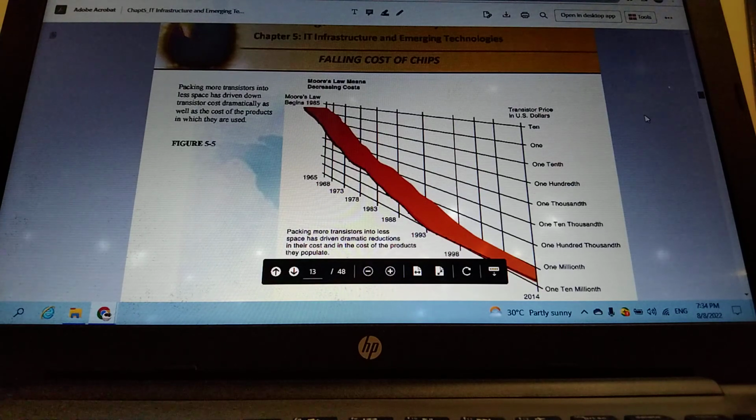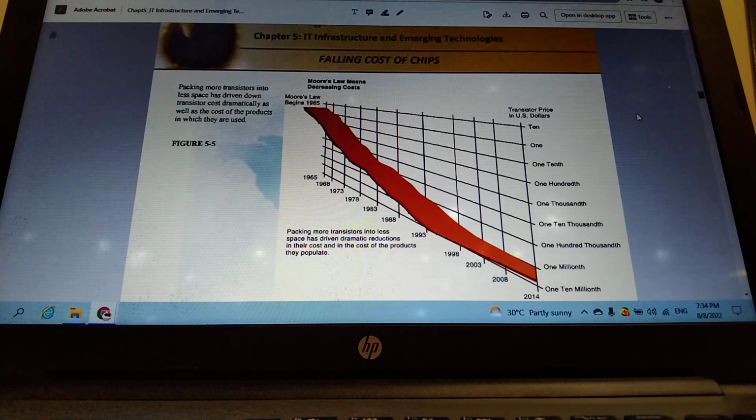Current pricing is available on the internet, but this is quite outdated. The bottom line is the cost of chips is falling, getting cheaper and cheaper over time, and definitely getting more powerful, but the cost is getting cheaper and cheaper.